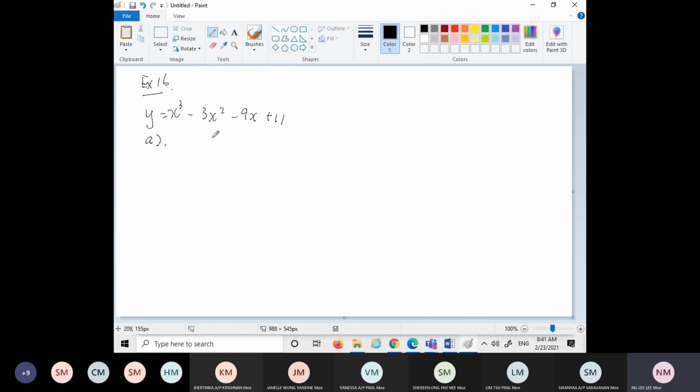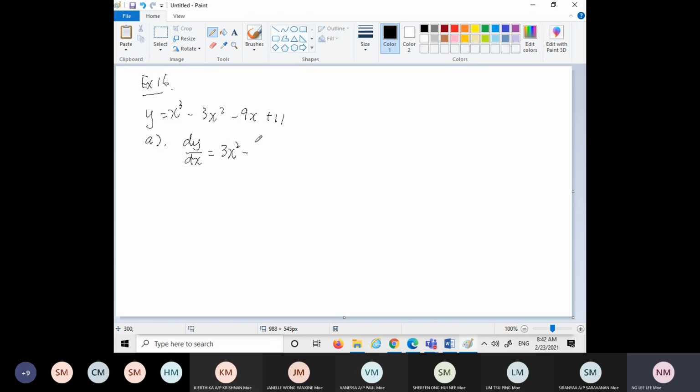Part A: find the coordinate of the turning point of the curve. First of all, if you don't know what to do, just do dy/dx. I want to be fast, no time already. So 3x squared.